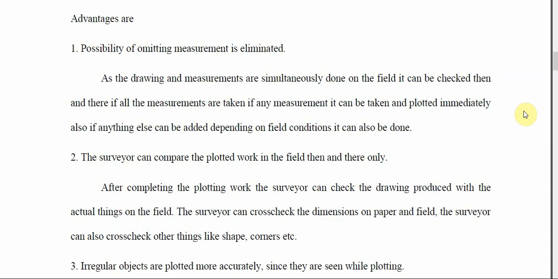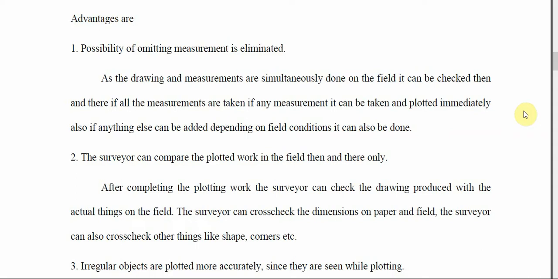The next advantage is the surveyor can compare whatever work the surveyor has plotted with the actual things on the field then and there. It's not like you're recording things, going to office and then plotting. Here you're plotting and taking measurements on the field itself.